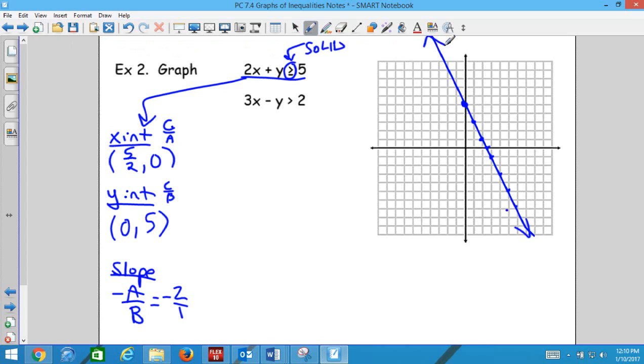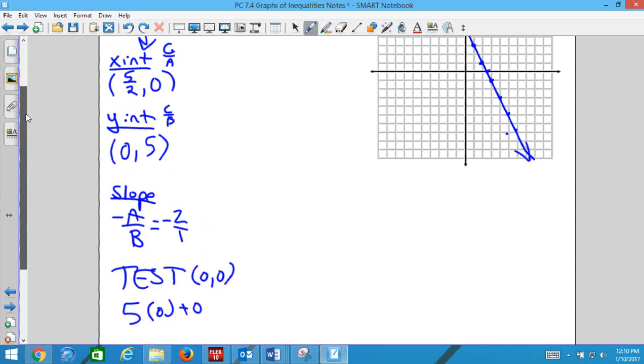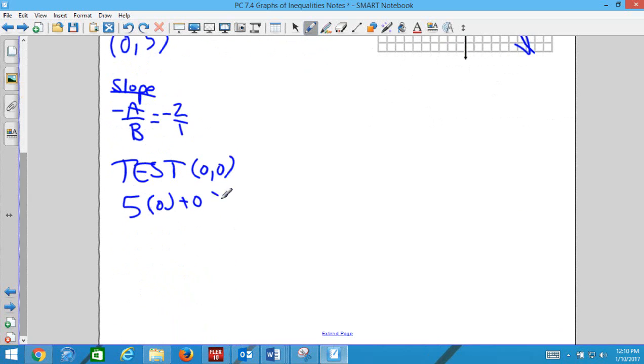And then what point could I try to shade? 0, 0, test 0, 0. Okay. I should do that backwards. 2, right?